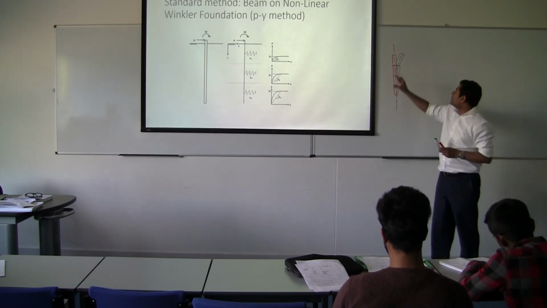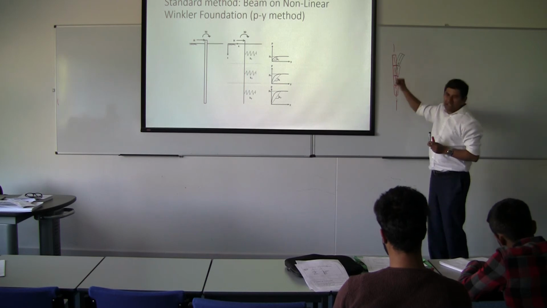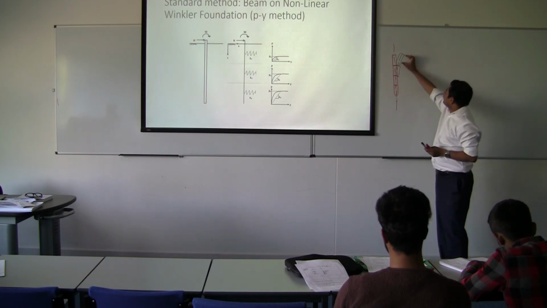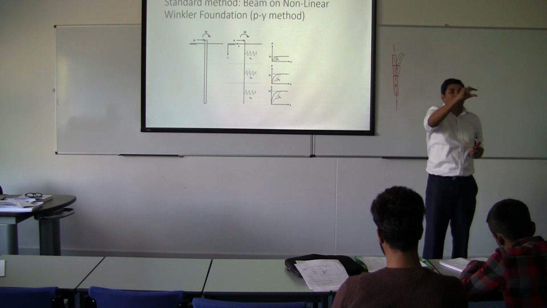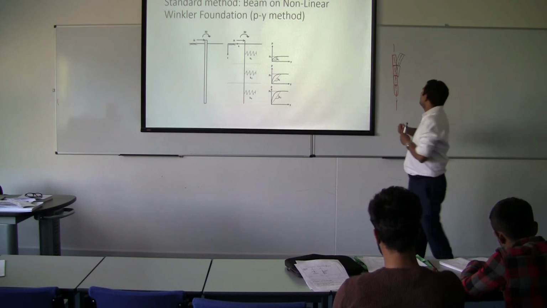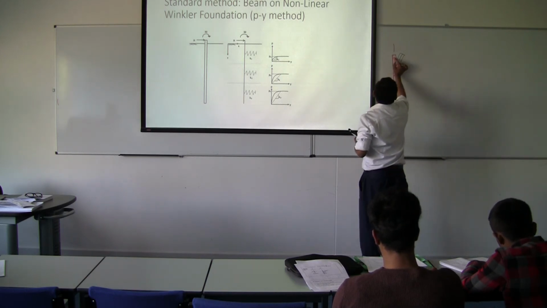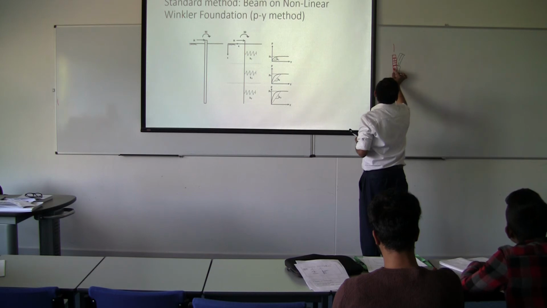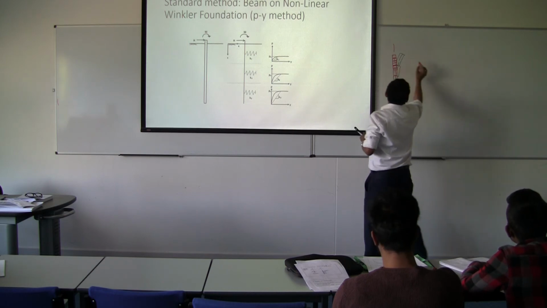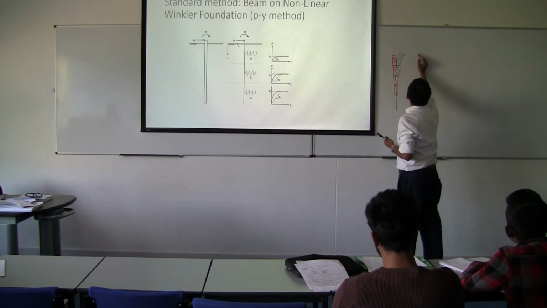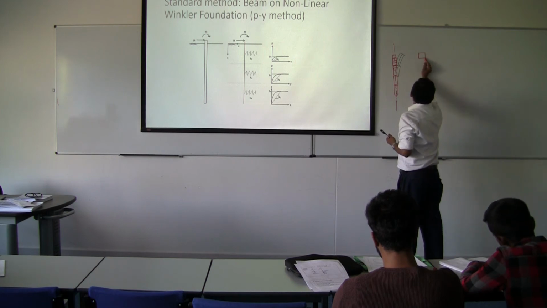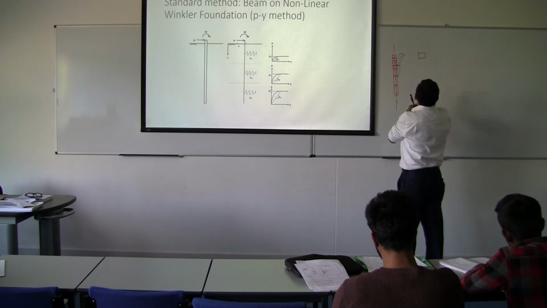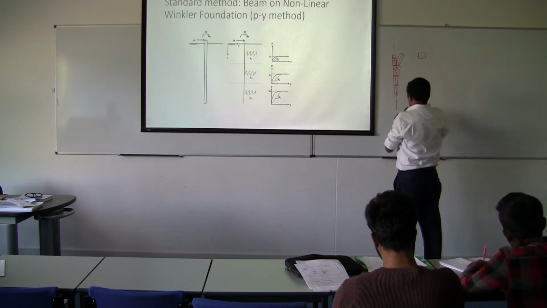Okay? Because if I ignore this rotation, I can assume very small elements. So I can assume that this is an even smaller element. This is one element. I can make it even smaller, right? So what I will see is that this element was initially there, and it basically moved from here to there, right?